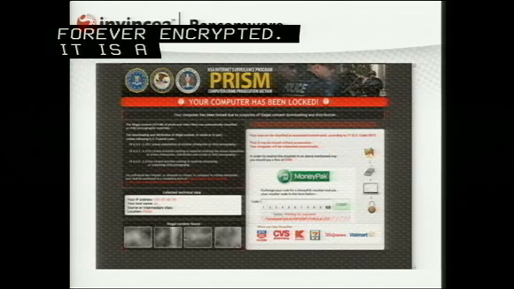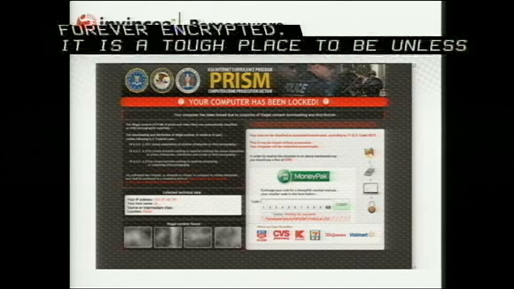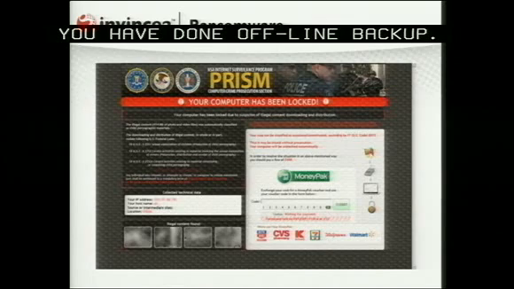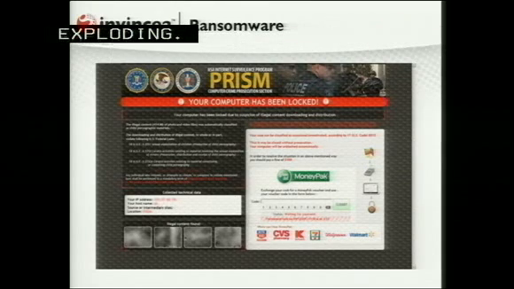Ransomware is exploding. It's exploding because of the amount of money being made on ransomware. If I tell you this, you might leave your job. The average ransomware campaigner makes between $35,000 and $50,000 a day. A day.